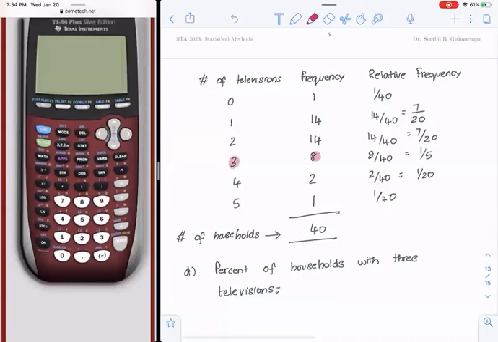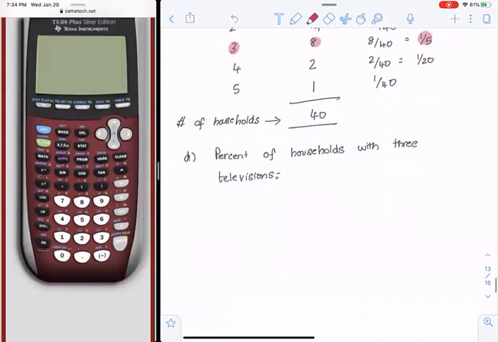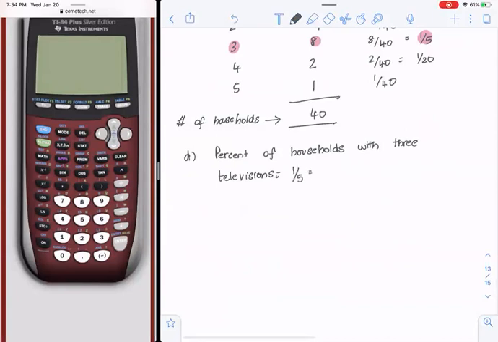It's right here. And we get the relative frequency to be 1 over 5. It's 0.2. And you can convert it to percent and call it 20% if you want.